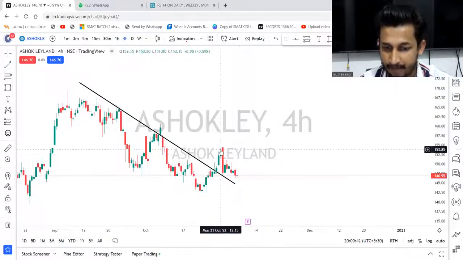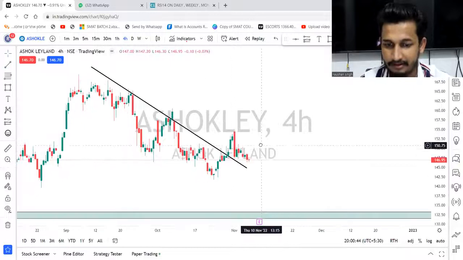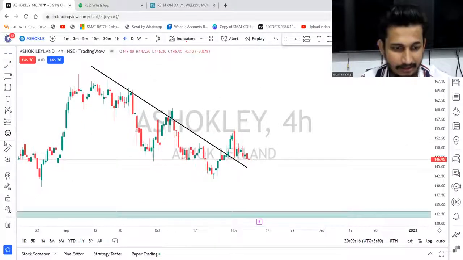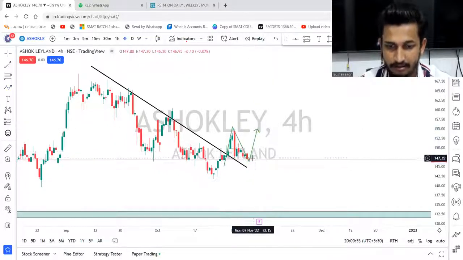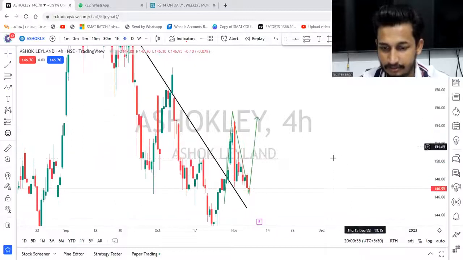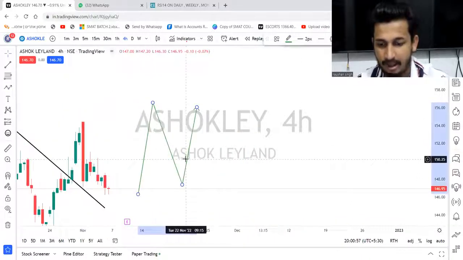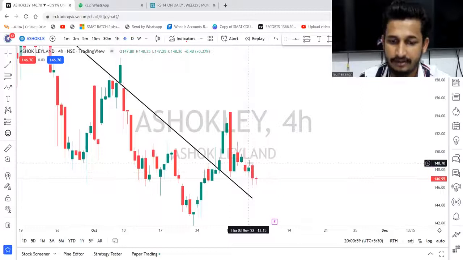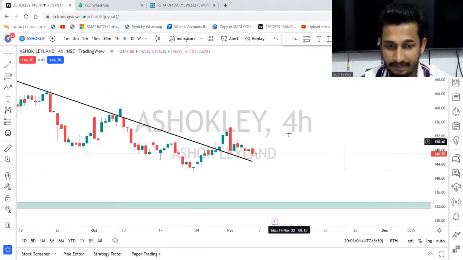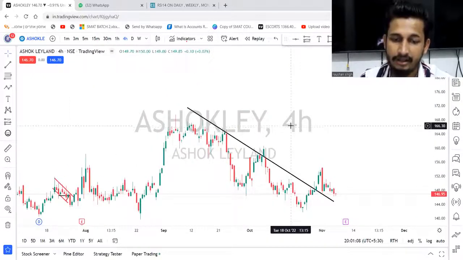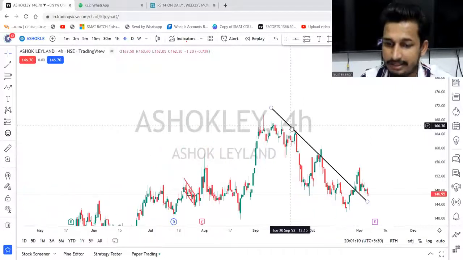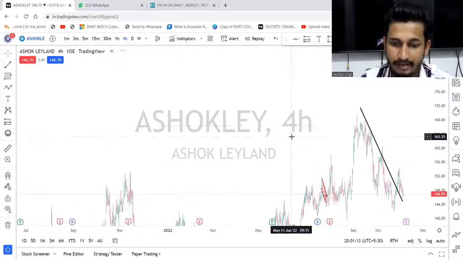Okay. Breakout, we need a retest. So we need a candle closing, like a 1 hour or 4 hours candle closing, or any day if it is closing above 148 or 149, we have a trade, and the target will go to 165, which is the all-time high.